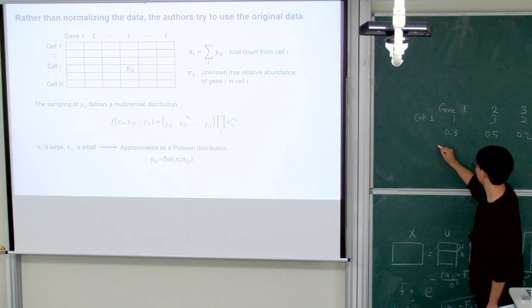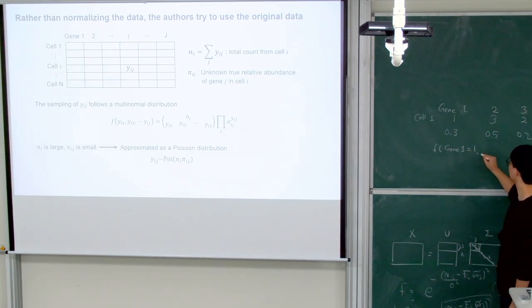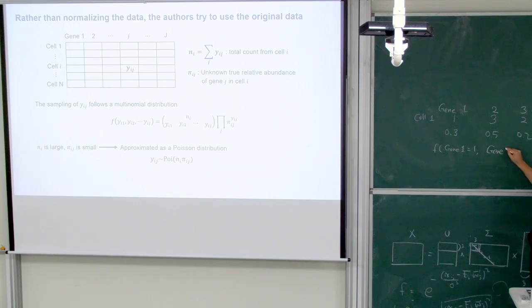At this assumption, f of the number of gene 1 equals 1, gene 2 equals 3, and gene 3 equals 2 is equivalent to, amongst 6 genes, we pick with this probability. This is the multinomial distribution.